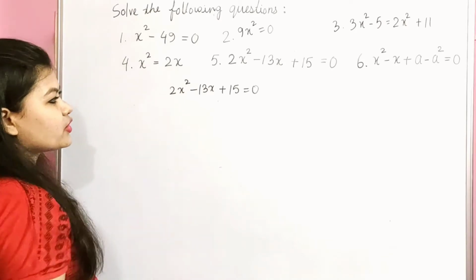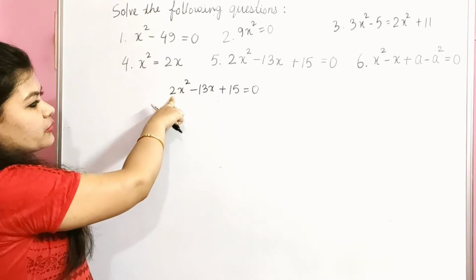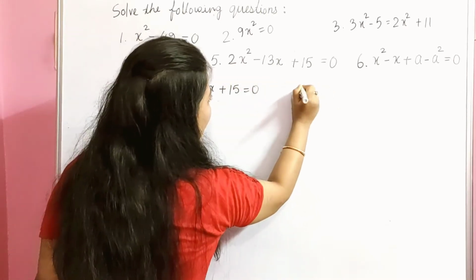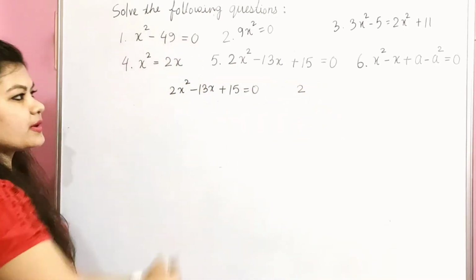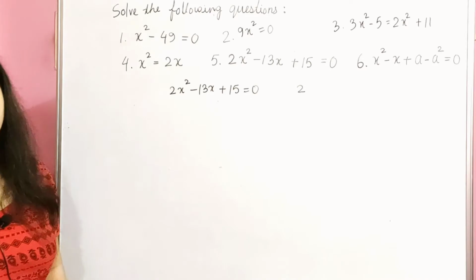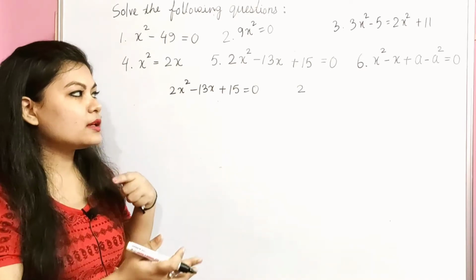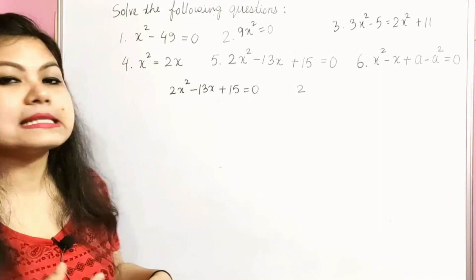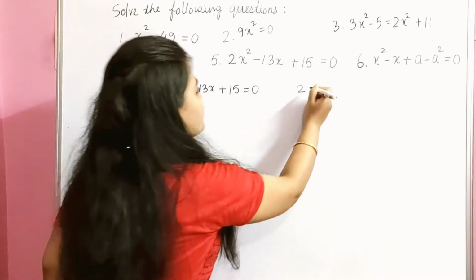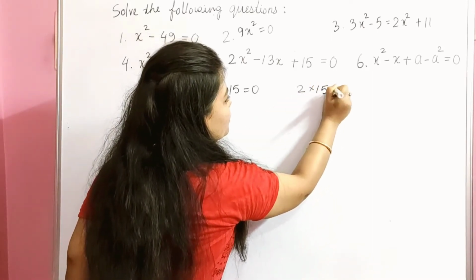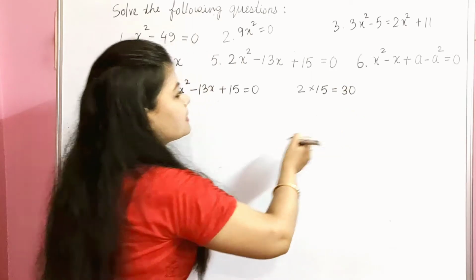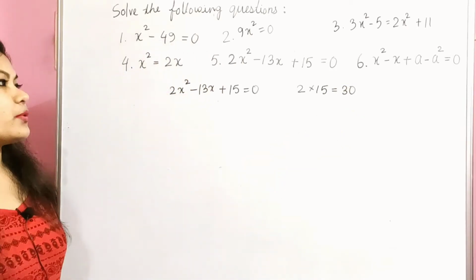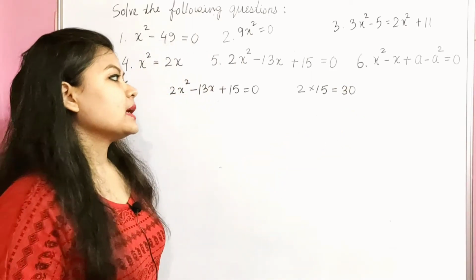For the factorization method, first of all, we will consider the coefficient of x square and the constant value. Here, the product of these two values is needed. Here, the constant equals 15. So, 2 into 15 equals 30. So we have got that their product equals 30.